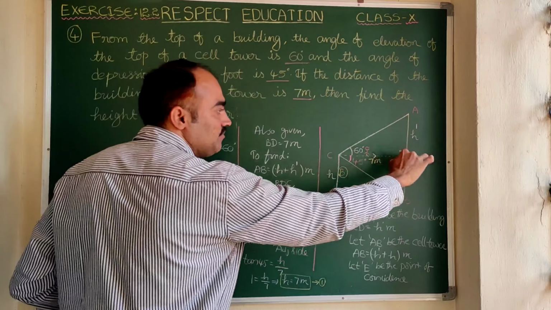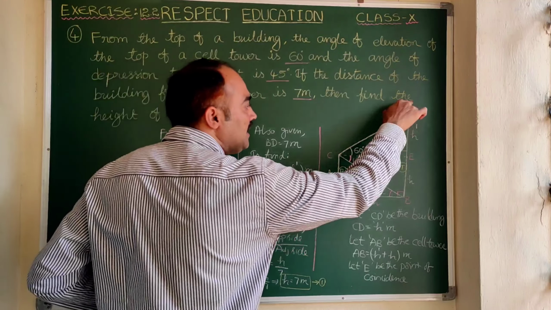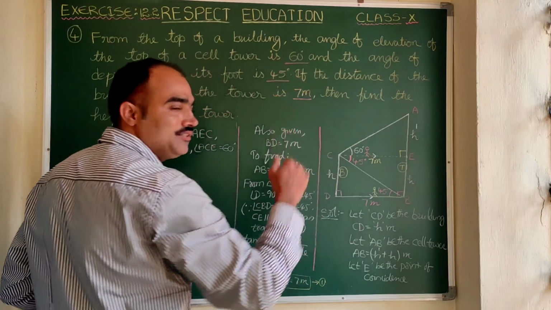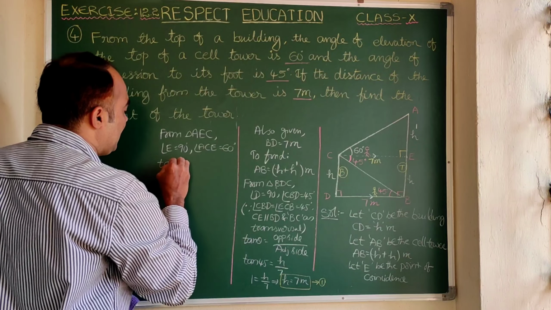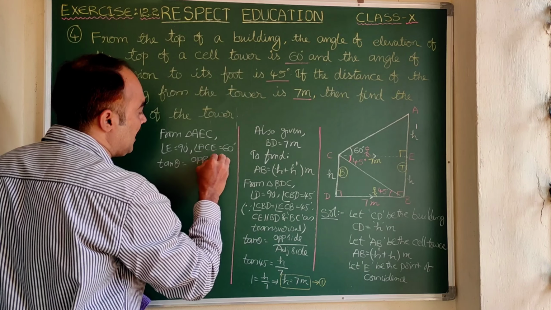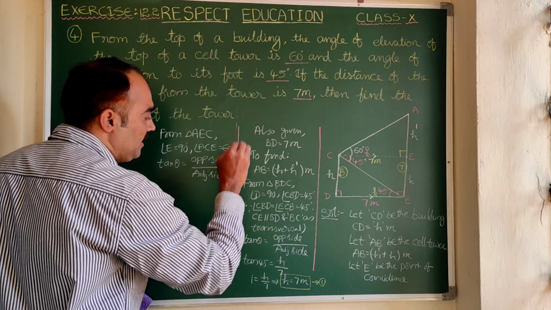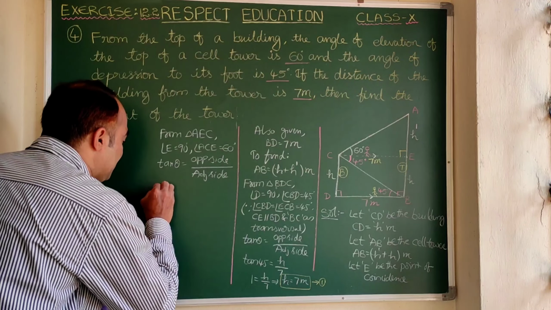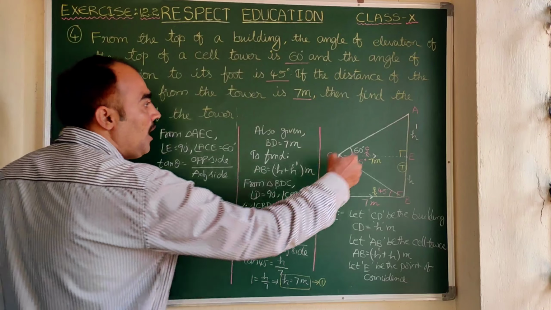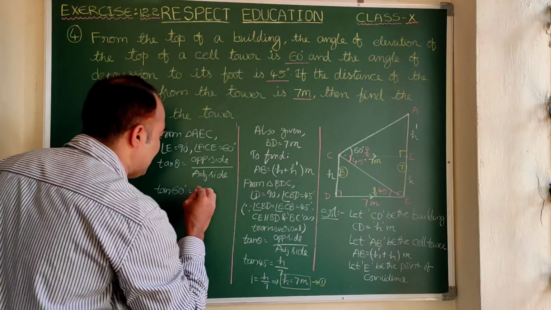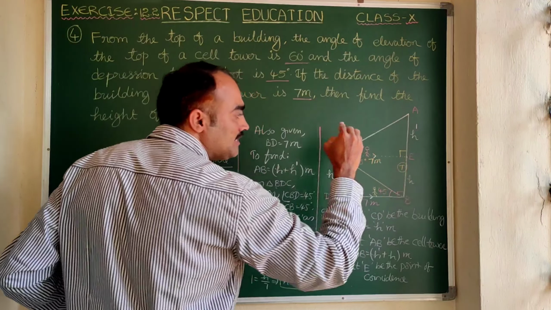Then the adjacent side will be CE, and definitely the opposite side is AE, because AC is the hypotenuse. Now let us apply tan theta again. Tan theta is equal to opposite side by adjacent side. Tan 60 is equal to opposite side AE, that is H dash, by adjacent side CE, that is 7 meters.